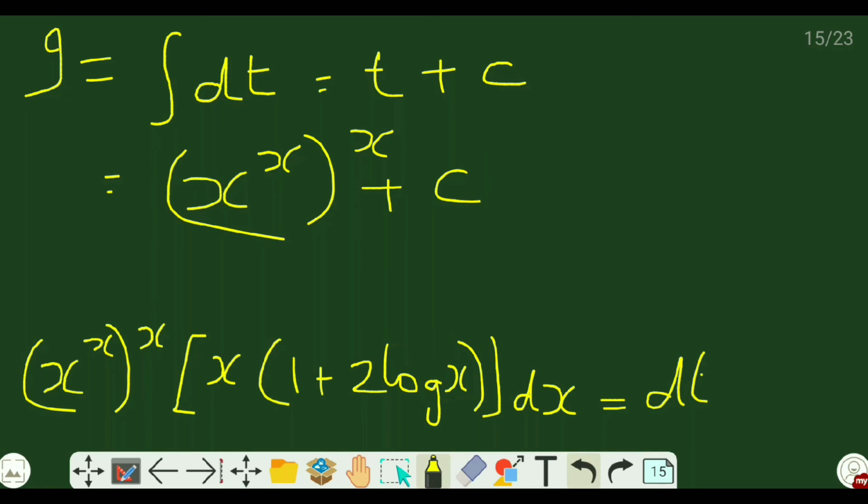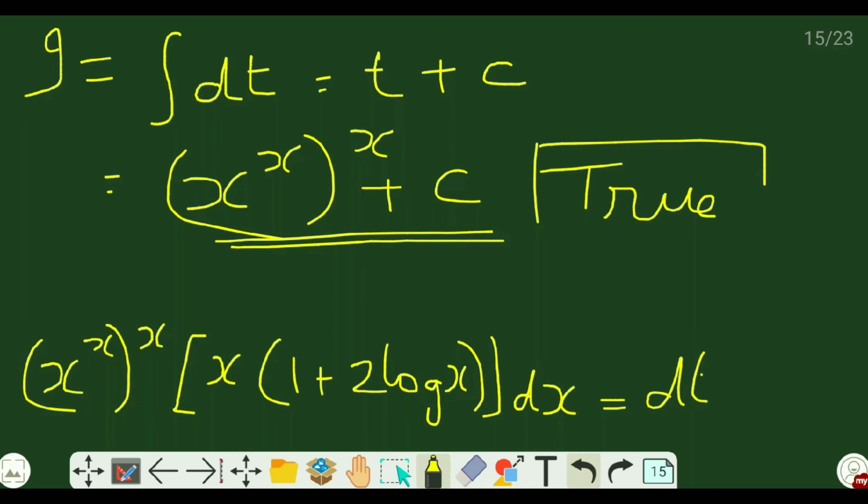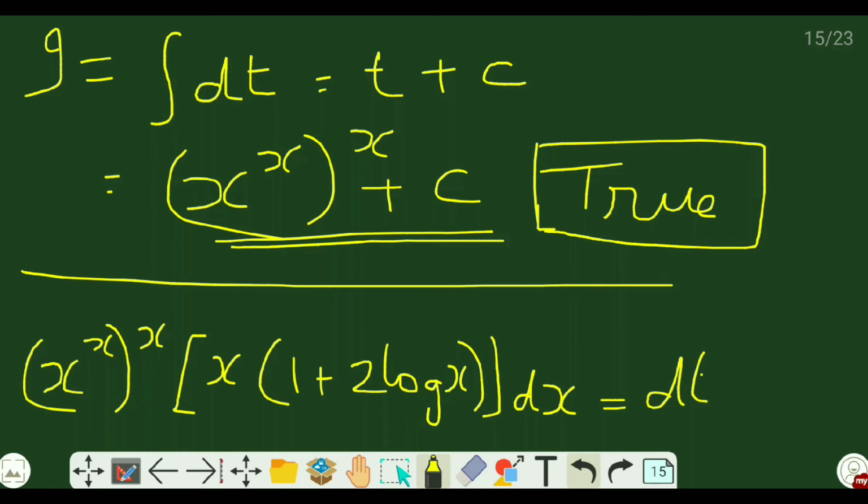In short, we are able to solve this sum by taking t as x raised to x the whole raised to x. That means the answer for this true or false question is true. But without solving, you are not going to get the answer, isn't it? That is why we have to solve the entire question.